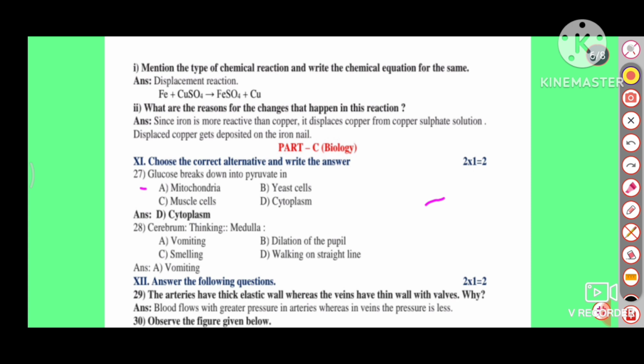Answer is cytoplasm. Next question: cerebrum, thinking, medulla. Options: vomiting, smelling, dilation of the pupil, walking in a straight line. Answer is vomiting.